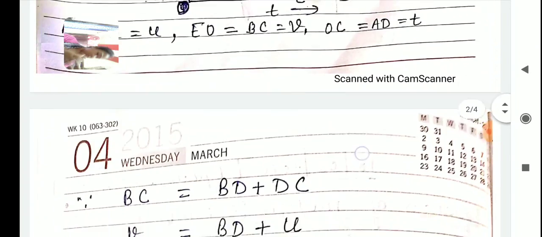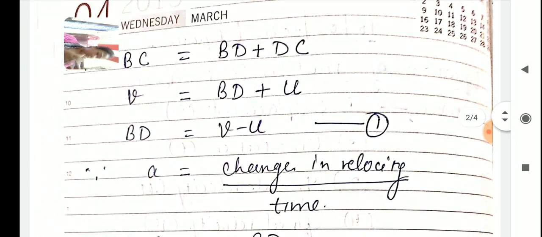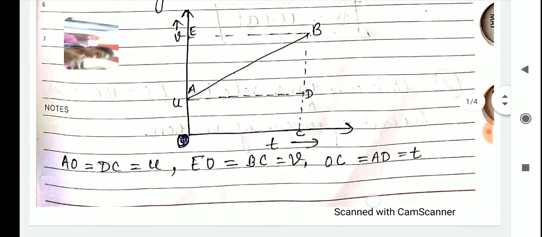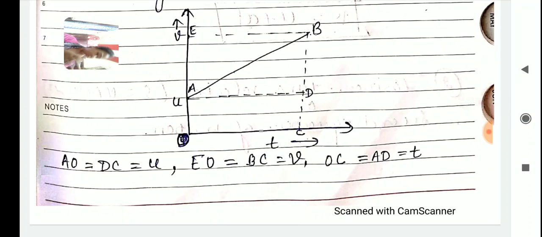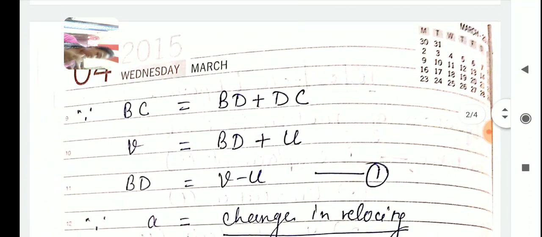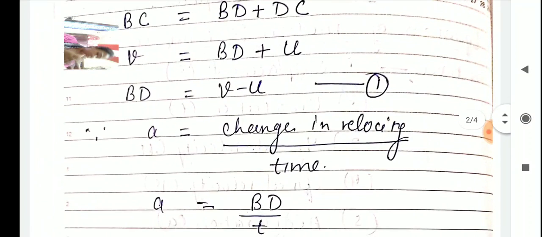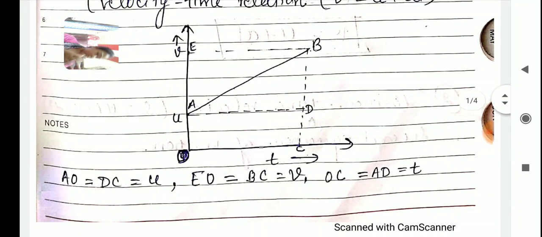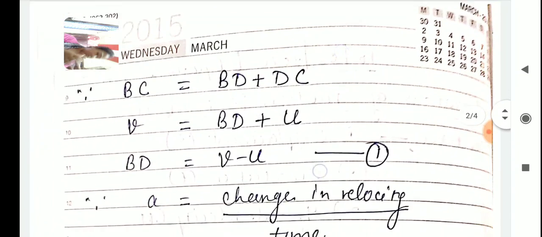That means in place of change in velocity, we can write down BD, because BD also represents the change in velocity from the graph. So BD can be written as BC minus DC.